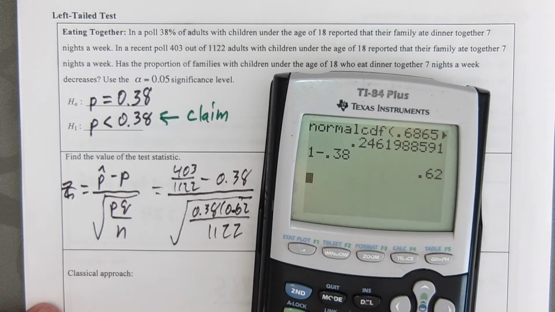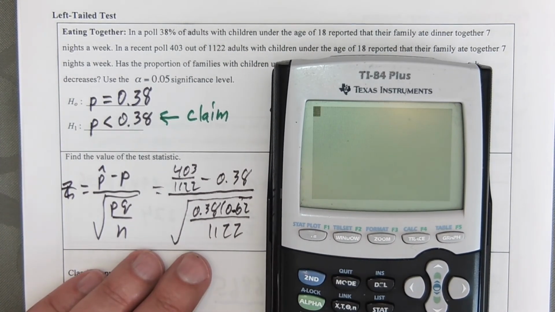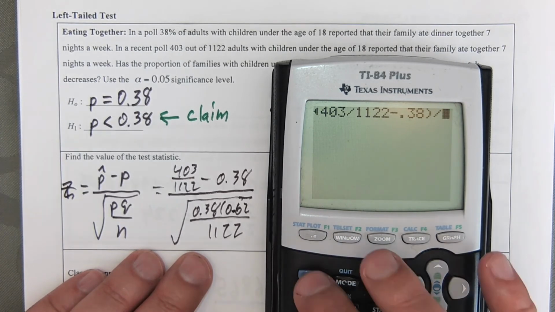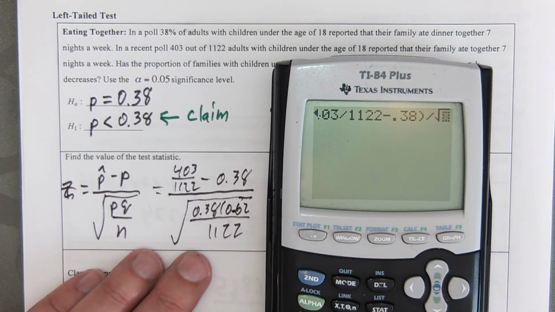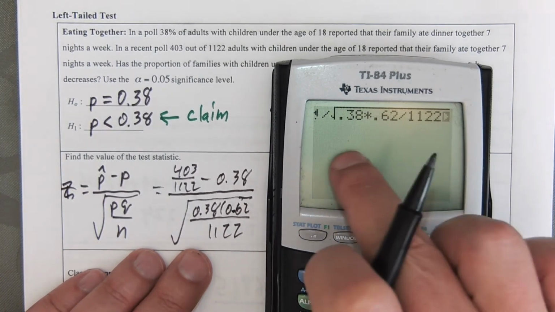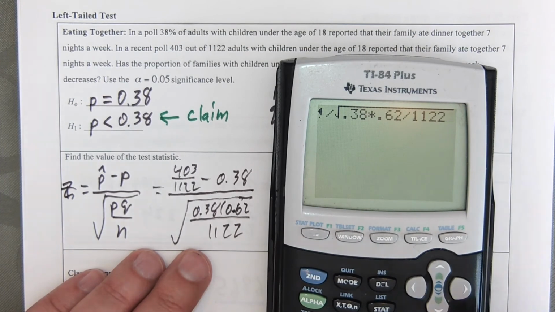Let's see what we get from that. 403 divided by 1122 minus 0.38, close, divided by the square root of 0.38 times 0.62 divided by 1122. Again, be careful with the parentheses on your calculator, that it may not work the same way that mine does.